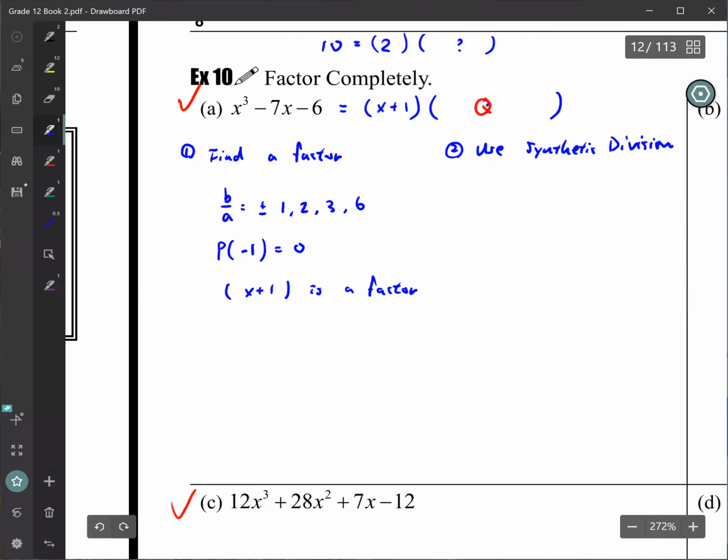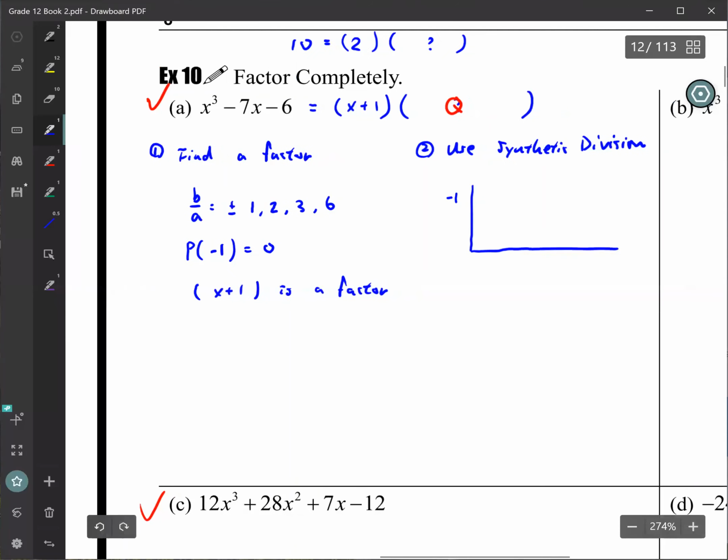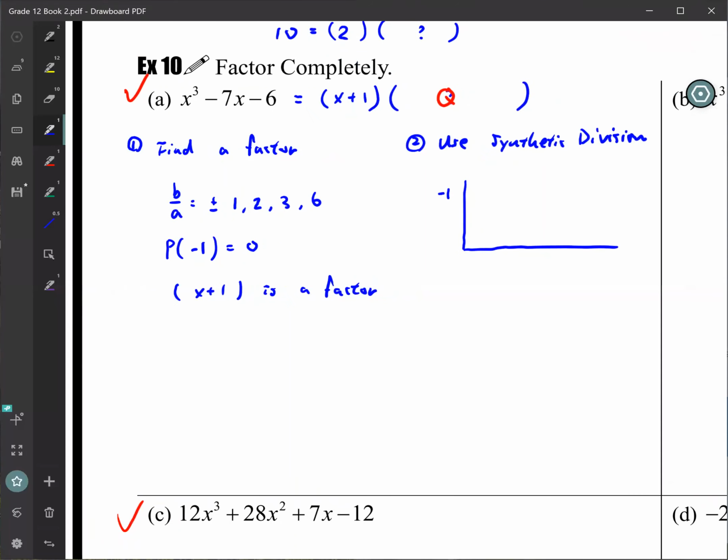So just carry on. For Ray's choice, outside you will be using -1. Inside, what are the coefficients for the dividend? Sienna? 1, 0, -7, -6. Yeah, very good. So we'll use these numbers to divide.